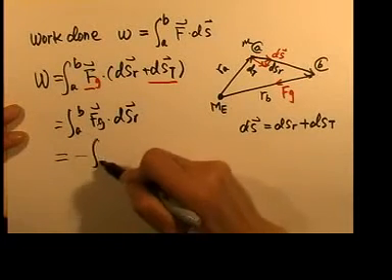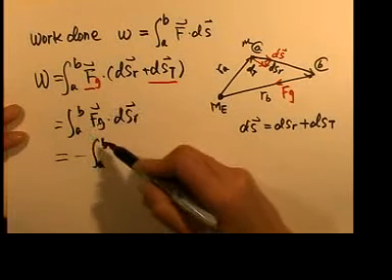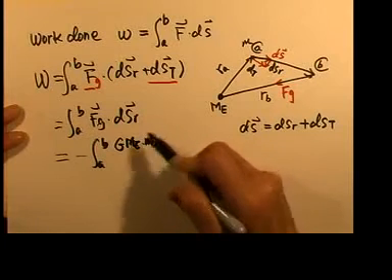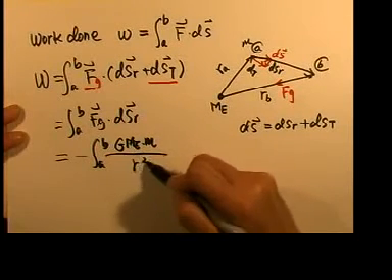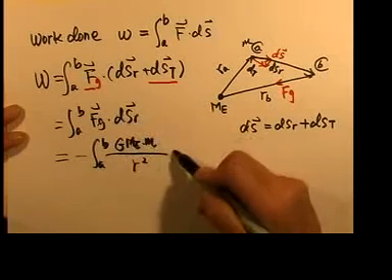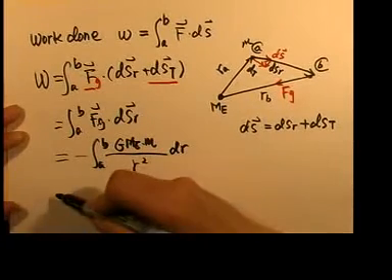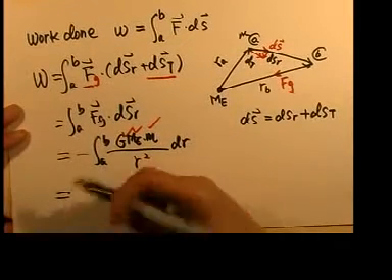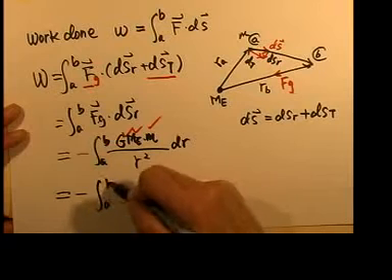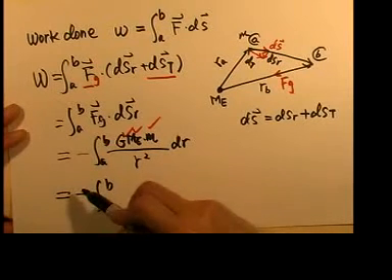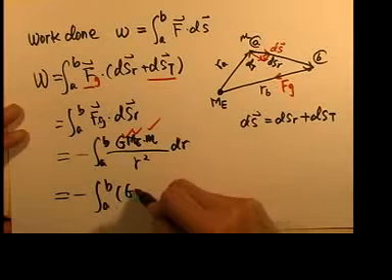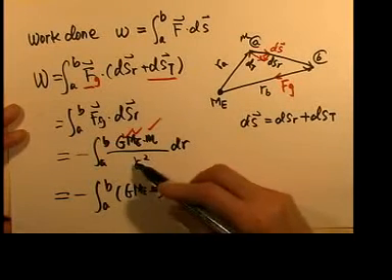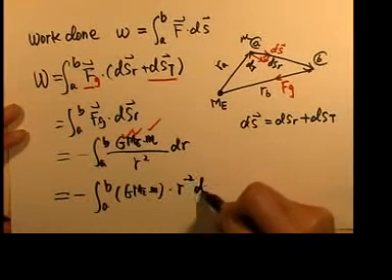Negative, and we plug in the magnitude of gravitational force, which is G times the mass of the Earth and the mass of that point, divided by the separation squared, and since this is the radius direction, that is simply dr. As we can see, these are constants, and we can pull them out. Negative, from A to B, we can move the constant out, which is the combination of constants there, and then divide by r squared is r to the negative 2 of dr.